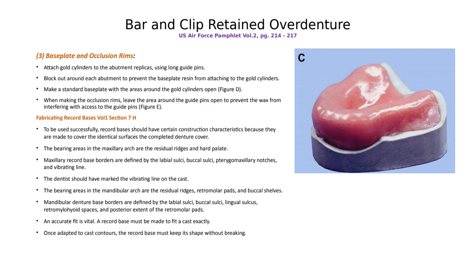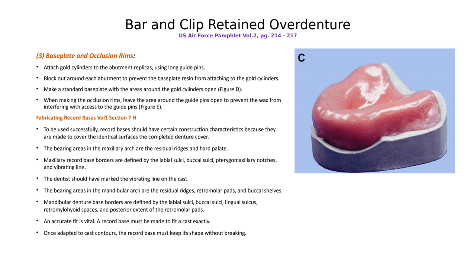The first step is to attach gold cylinders or the UCLA to the abutment replica, and then block out any area that might be an undercut, and make the standard base plate engaging also the denture. When making the occlusal rims, leave the area around the guide pins open to prevent the wax from interfering with the access holes or the pins.